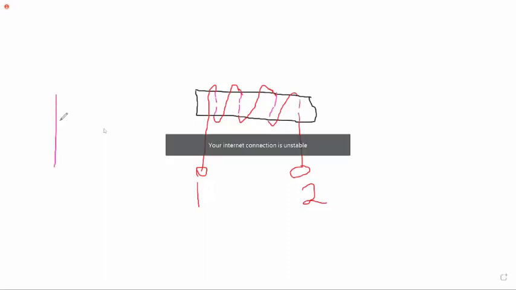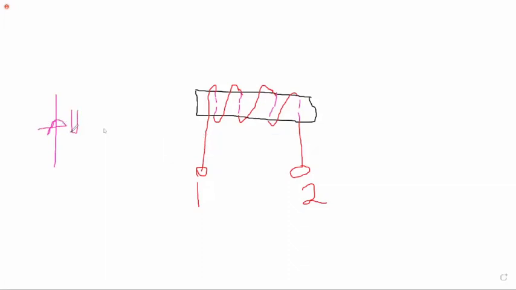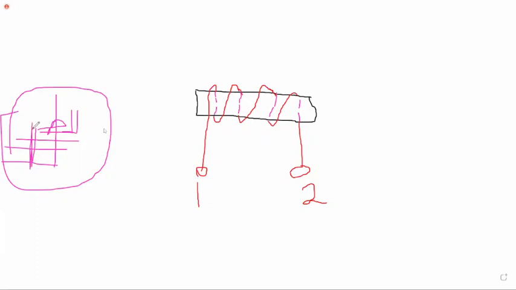Now, what is the right hand thumb rule for the straight conductor? The thumb shows the direction of the current, and the rounded finger shows the direction of the magnetic field. Now, opposite to this, for the coil, the thumb shows the direction of the magnetic field, and the rounded finger shows the direction of the current.